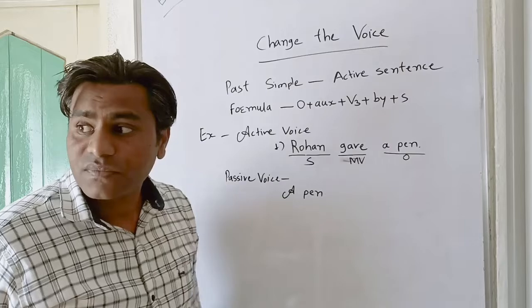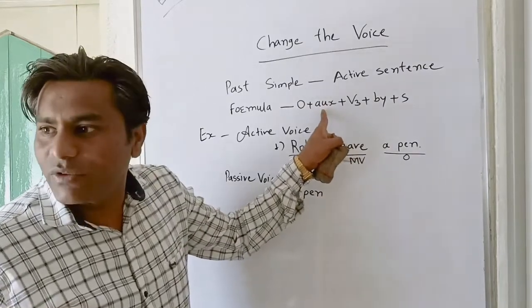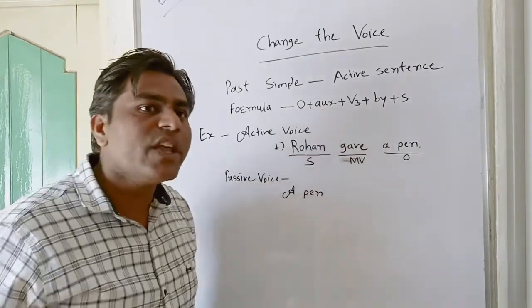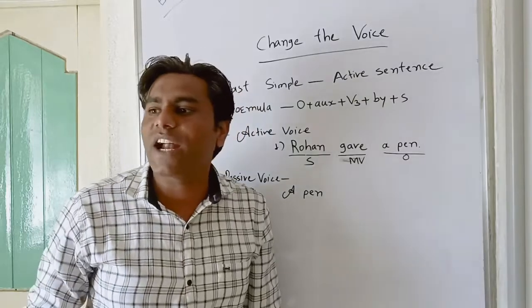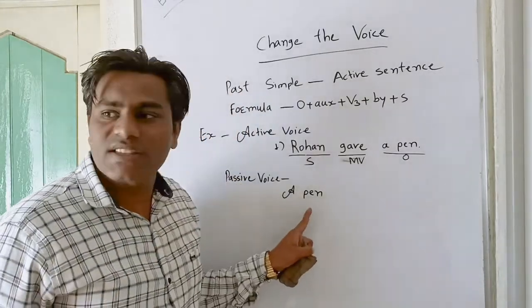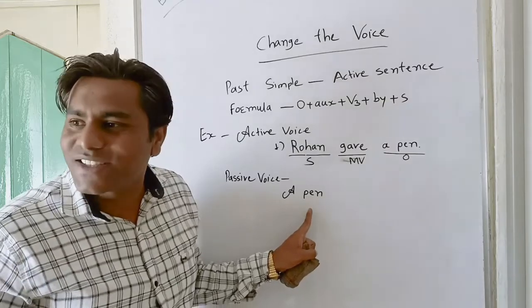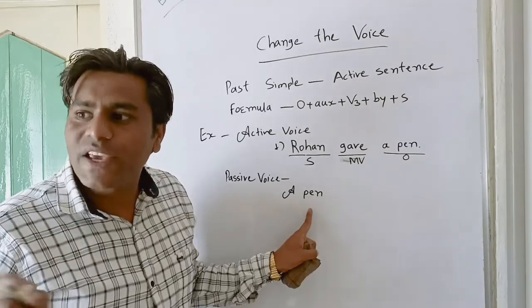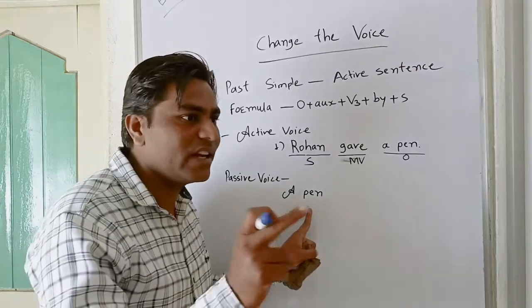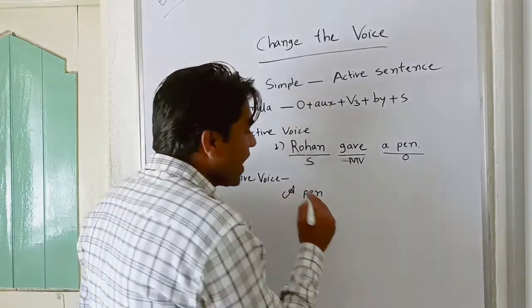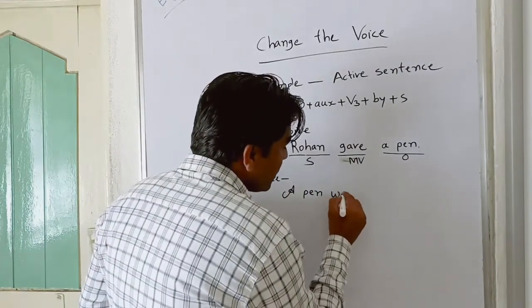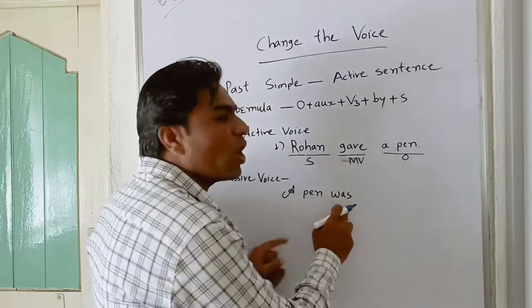A pen. The formula needs an auxiliary verb. Which auxiliary verb do we have to use? A pen is singular, so we can use was as the auxiliary verb in passive voice. Getting, Nikita? Was. So I put here was. A pen was.